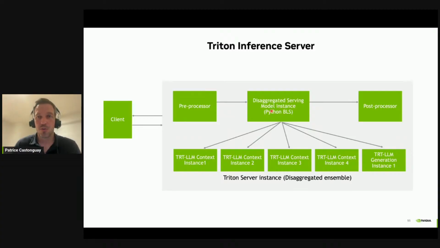That disaggregated serving model instance is then responsible for sending the request to the context instances and to the generation instance. In this particular example, we show a deployment with 4 context instances and 1 generation instance.